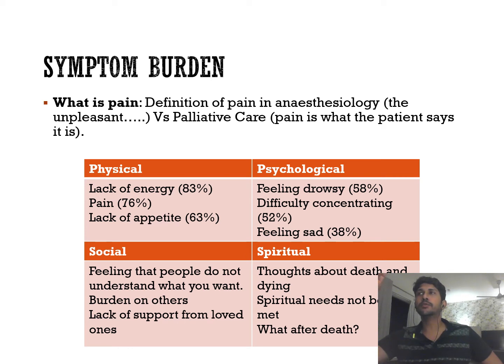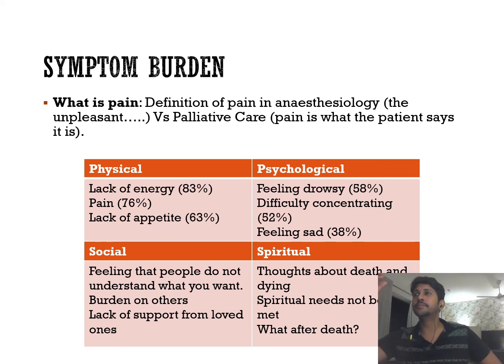In the context of definitions, you have to be broadening your, transcending your forms of thought about individual symptoms. So this is just an example. You would have come across this definition of pain while you studied physiology. This is the anesthesiology definition.